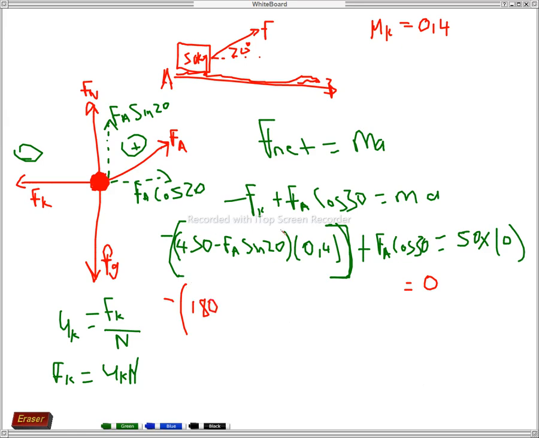And then when I multiply the sine of 20 by 0.4, I get my answer as negative 0.14, the force applied, FA there, and therefore this is going to be plus.